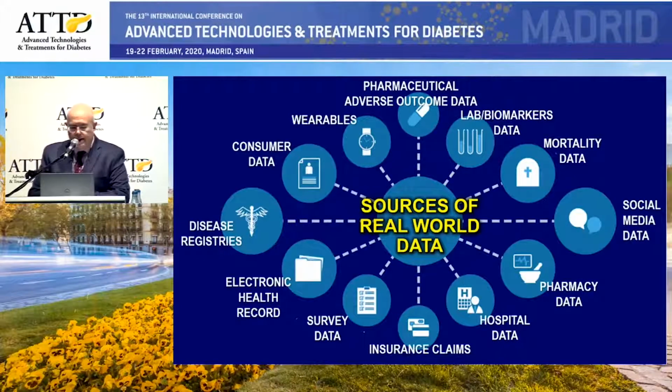Starting at 9 o'clock and going clockwise, people can use disease registries, consumer data, wearables, pharmaceutical adverse outcome data, lab studies and biomarker studies, mortality data, social media data, pharmacy claims, hospital data, insurance claims, survey data, and the one that's used most often is data from the electronic health record. So in every one of these cases, the patient is not told to submit data. The data is generated, and then you go back later and you look at it.